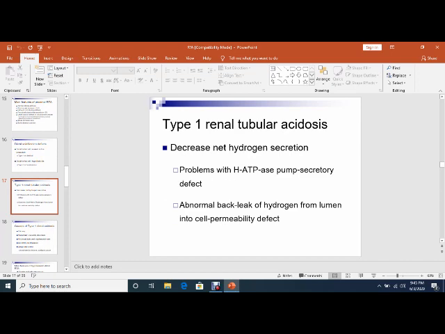In type 1 renal tubular acidosis, there is decreased net hydrogen ion secretion, the problem being a hydrogen ATPase pump secretory defect, or abnormal back leak of hydrogen from the lumen into the cell, a permeability defect.